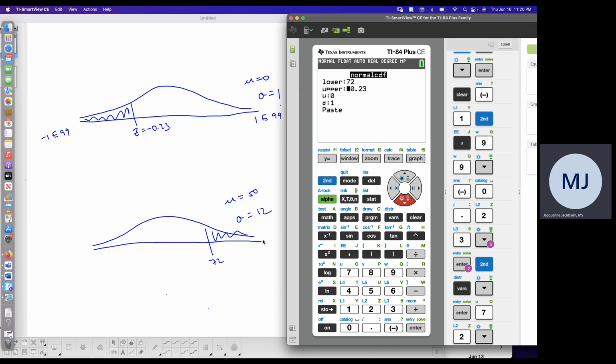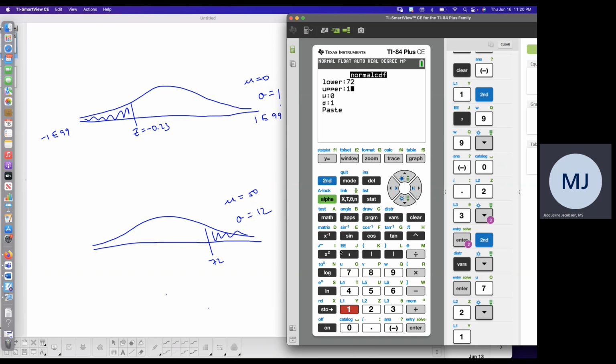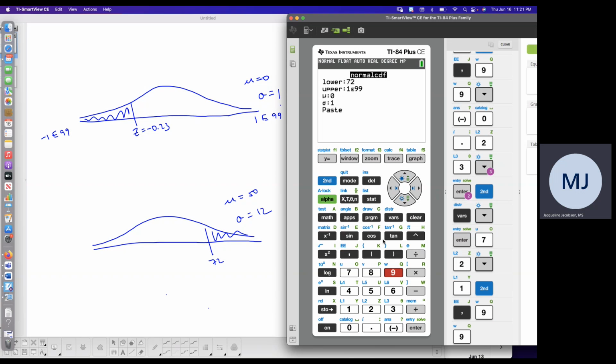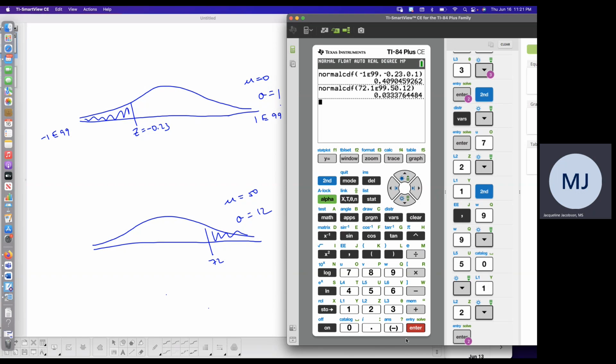And my upper bound would be positive infinity, which we represent as 1, then second, comma, to pull up that E for scientific notation, and then 99, 1 times 10 to the 99. Then I'm changing my mean to 50 and my standard deviation to 12, and that's it. Enter, enter, and it does it. Much better than using the tables. I feel like it's much faster.